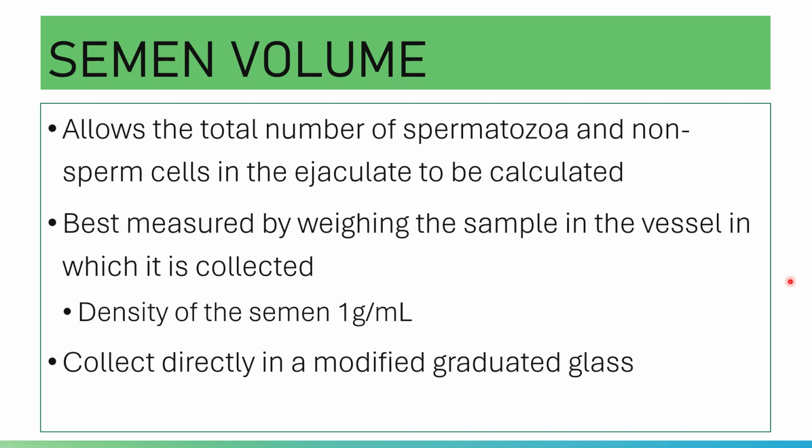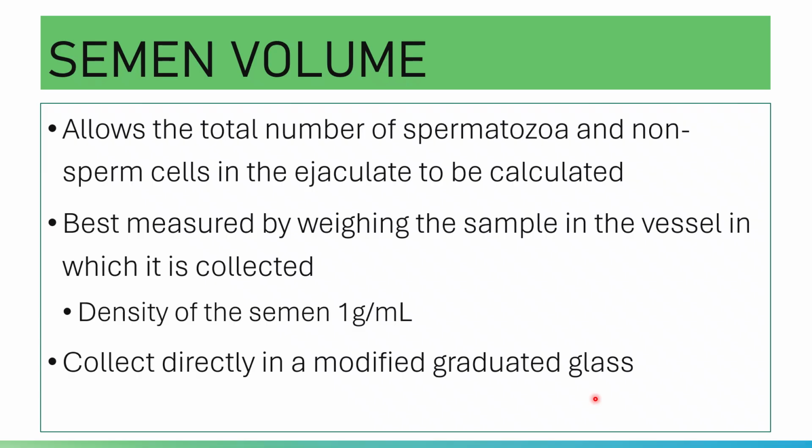By the way, measuring the volume by aspirating the sample from a container into a pipette or syringe, or decanting it into a graduated cylinder, is not recommended. Why? Because not all of the sample will be retrieved, and the volume will be underestimated.